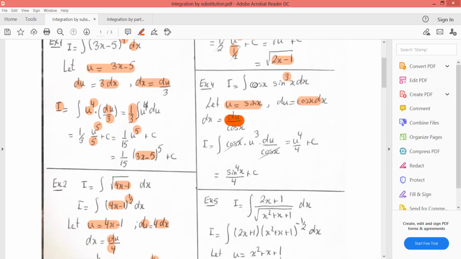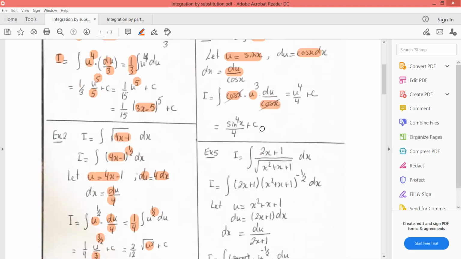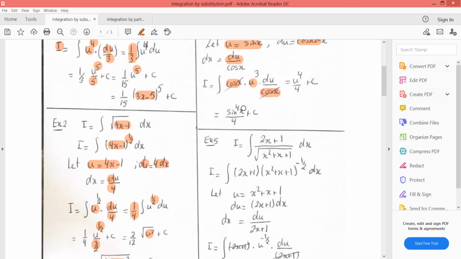Then I equals cosine x, sine x I call it u, power 3. dx is du over cosine. Cosine and cosine cancel, and I have u power 3 du. We add 1 to the power, u power 4 over 4, plus c. Then it will be sine power 4 x over 4.